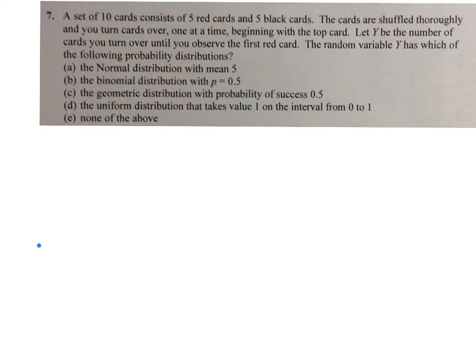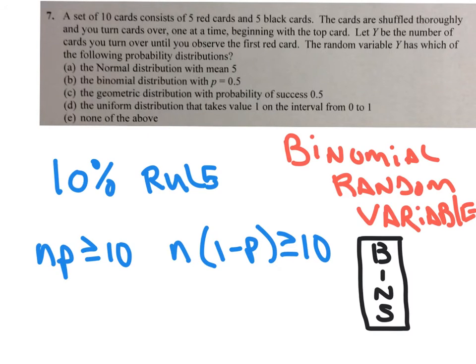Okay, go ahead and read this one and see if you can figure out what the right answer is. I'll give you a chance to do that right now. Now, this stuff doesn't have a lot to do with this problem, but I wanted to review it anyway. If you have a binomial random variable, you have that 10% rule: can we even do this?